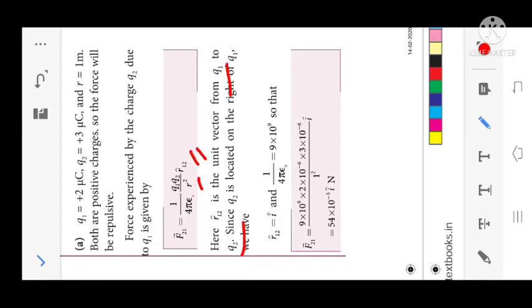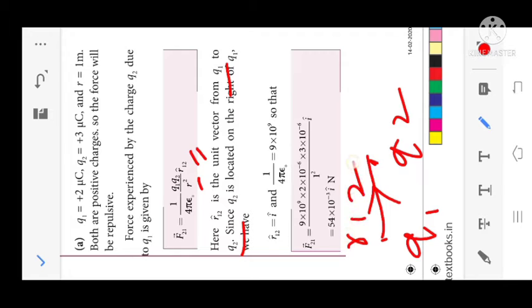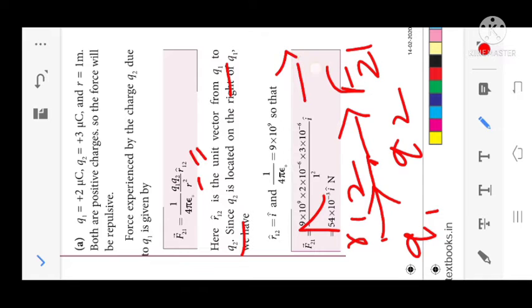Here we have two charges Q1 and Q2, and R12 is along this direction. So that is our R12 cap, and that is the direction of the F21 vector also. F21 is along this direction, R12 is along this direction. That's why F21 is along the direction of R12.